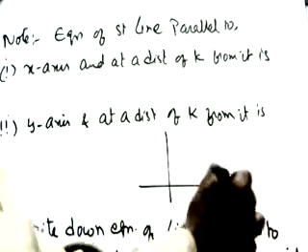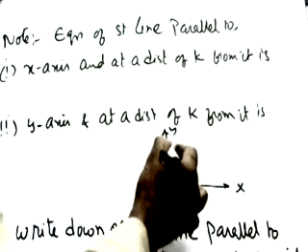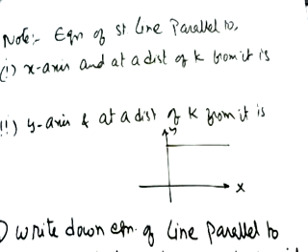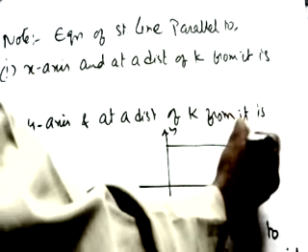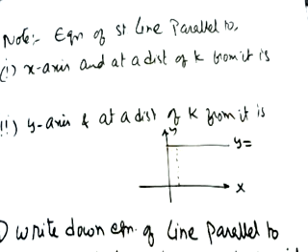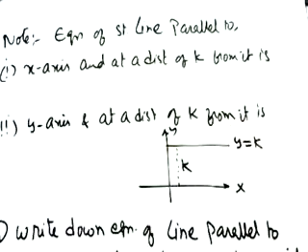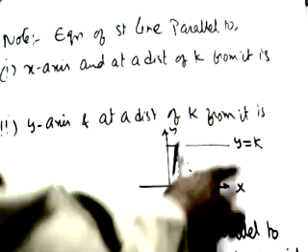Now see the concept here. Suppose we have the coordinate axes, x-axis and y-axis. Suppose a line is parallel to the x-axis. The equation of a line parallel to the x-axis is y equals the distance from the x-axis. Suppose this distance is k.